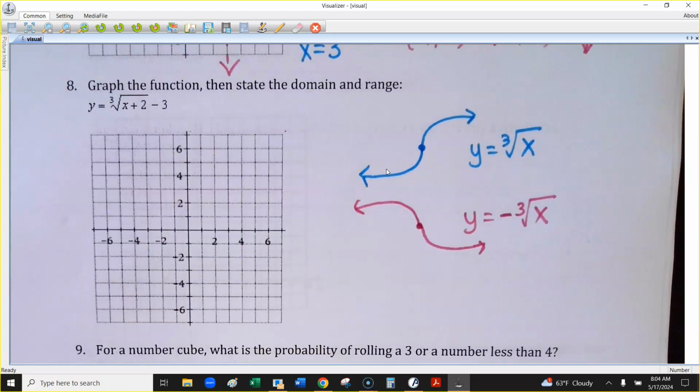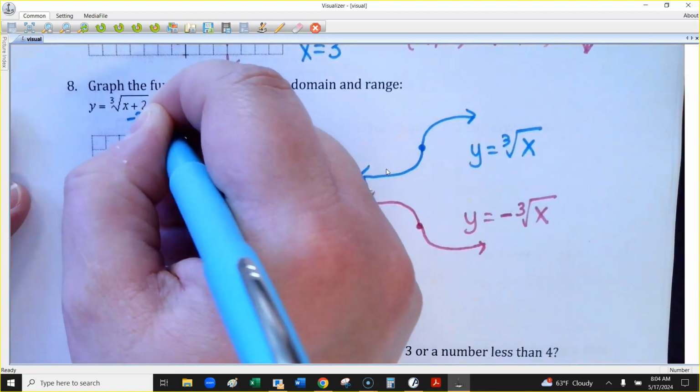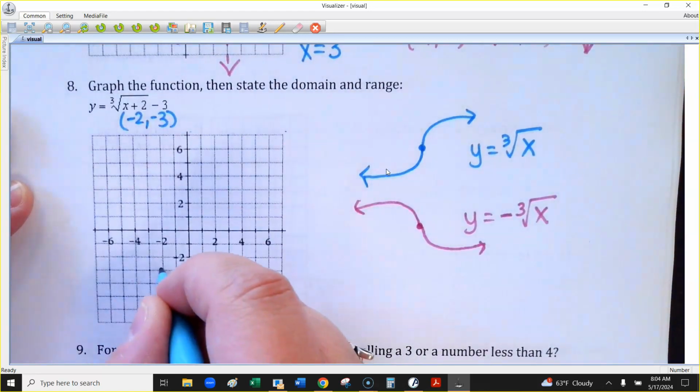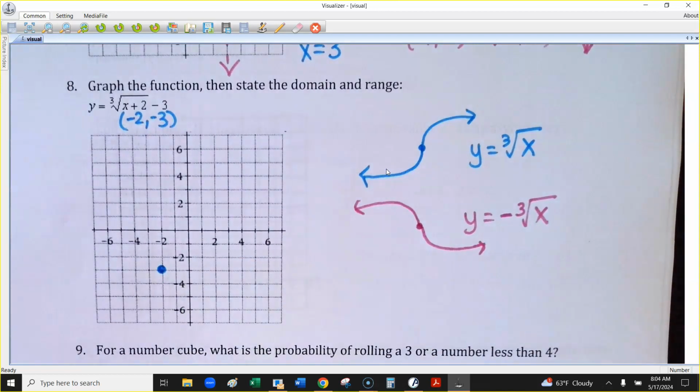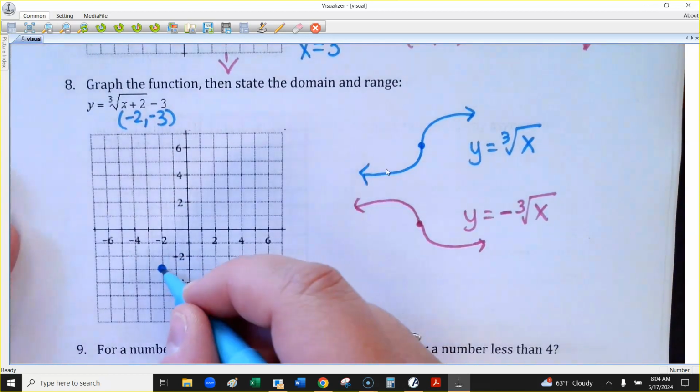Now, all you have to do is use the numbers in the radical and outside the radical to shift that middle point. So this works with your opposite copy. So this is going to be -2, -3. Now, that will be directly in the center of that. The reason is you can take the cube root of a positive number or a negative number. So if I plug in -2, that causes me to take the cube root of 0.